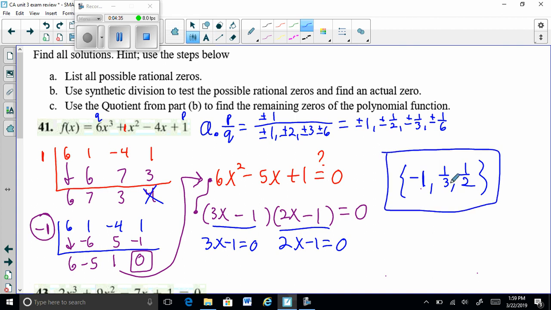And what that means is my answers were fairly decent. They were either whole numbers or fractions. That won't always be the case. Sometimes our answers are going to have radicals in them, and in those cases, we'll have to do the quadratic formula. So let's go ahead and take a look at the next one. I think we might have to do that here on the next one.